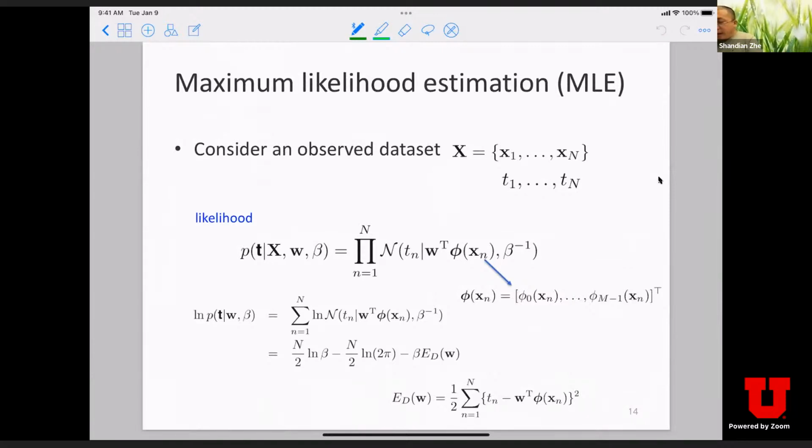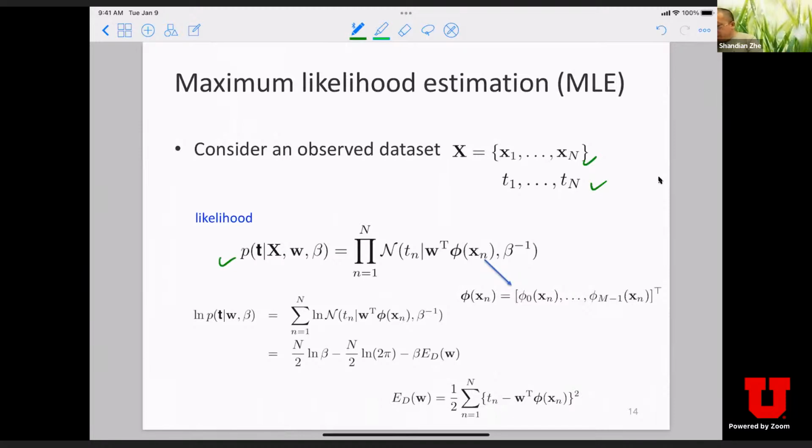Using this Gaussian likelihood, we can do the maximum likelihood estimation. Suppose we got n input feature vectors and n noisy outputs, observations. When we write down the joint likelihood, we assume they are IID, so it is a product of the likelihood over each individual observation.